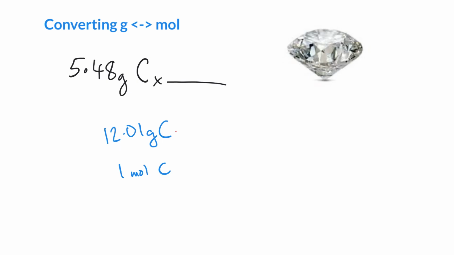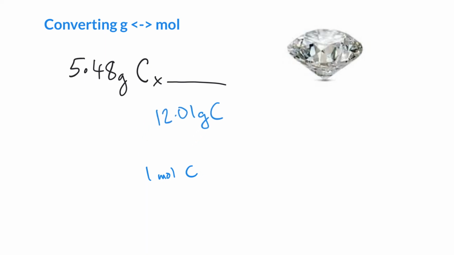And you know what? If we put the grams of carbon on the bottom and we put the moles of carbon on the top, then we get a nice unit conversion. So I put the 12.01 grams on the bottom and I put the 1 mole on the top. And of course that gives us our unit cancellation. So those grams and those grams go the way of the dodo, and we're left with moles.